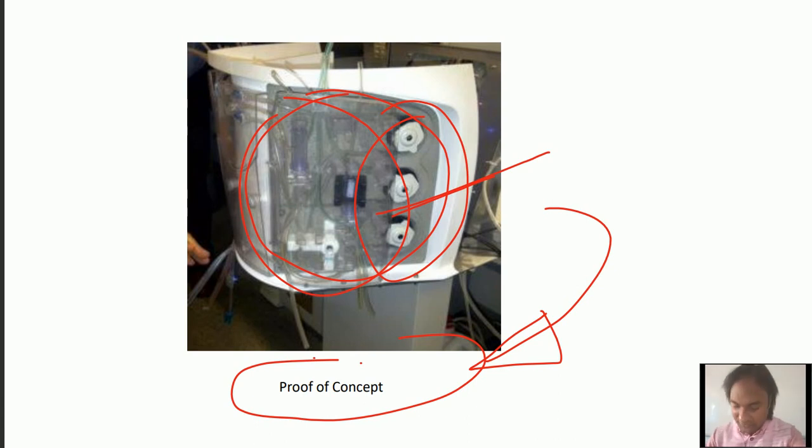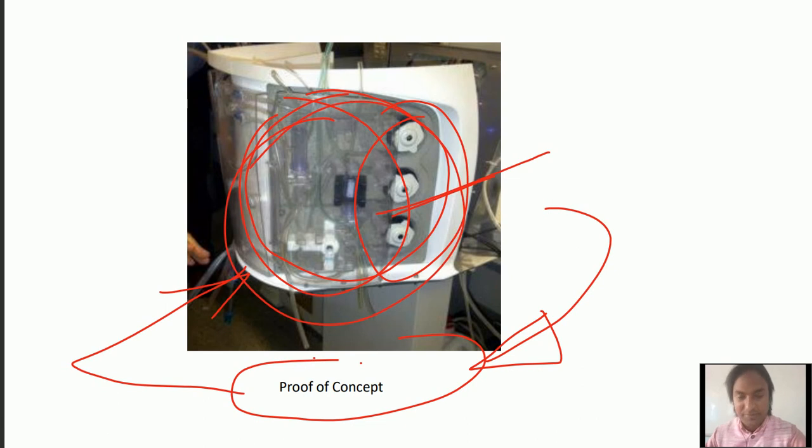Here you are analyzing the performance of this particular component, the water filter, whether it is working or not. If your concept is working, it means you have verified your concept.